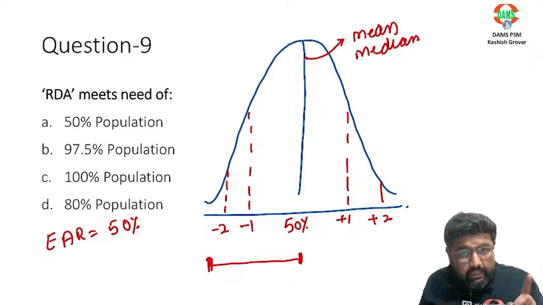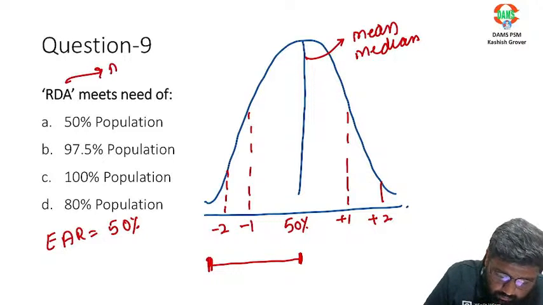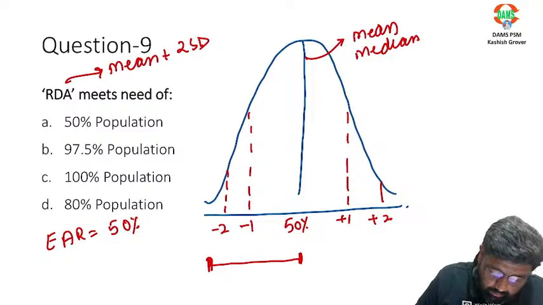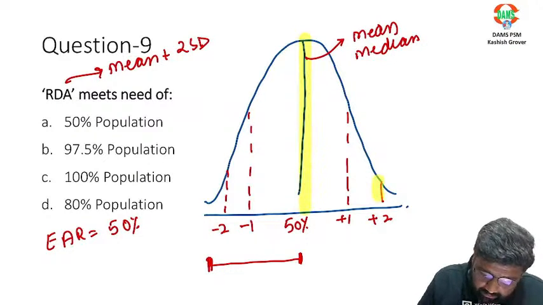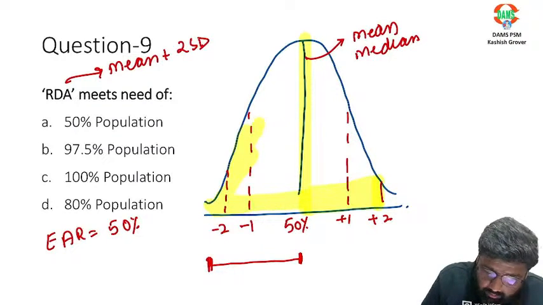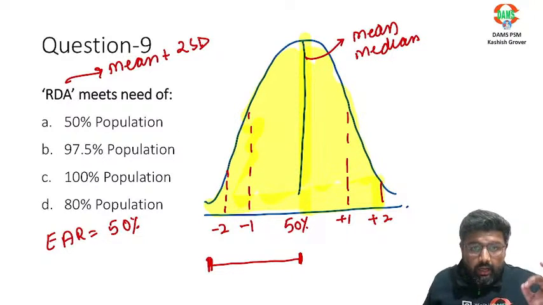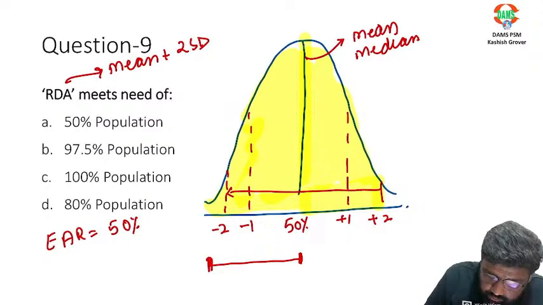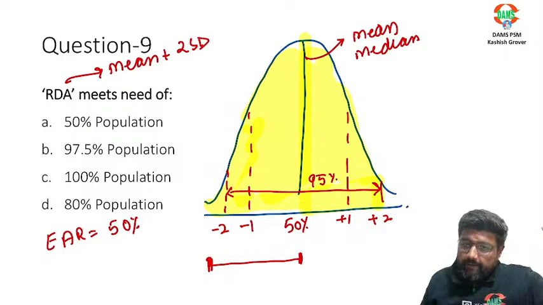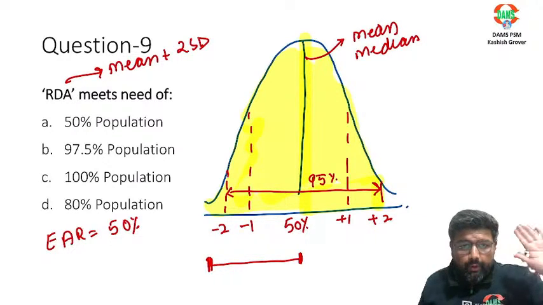What about RDA? RDA is for mean plus 2 standard deviation. Now look here, this is mean plus 2 standard deviation. Mean plus minus 2 standard deviation is 95.4%, let us assume 95% approx.